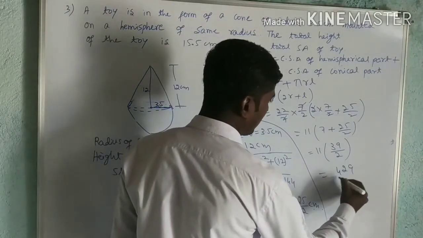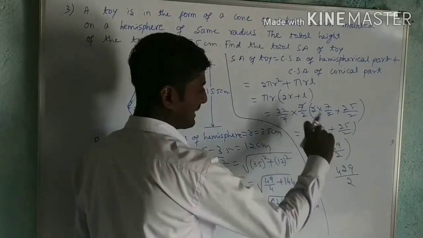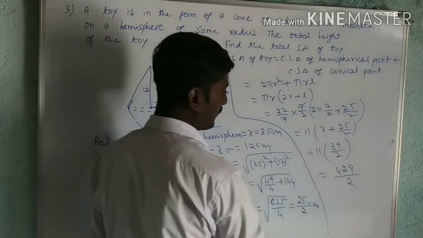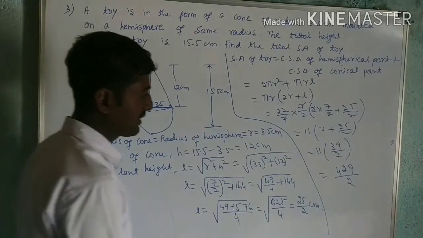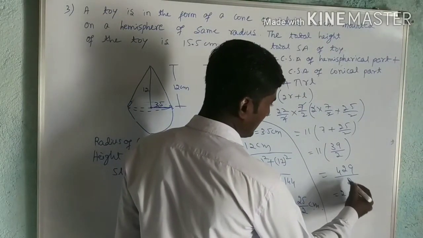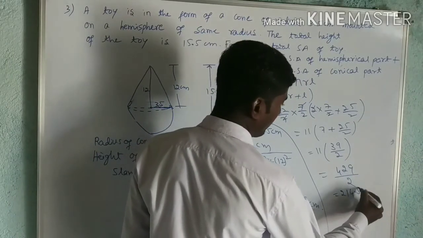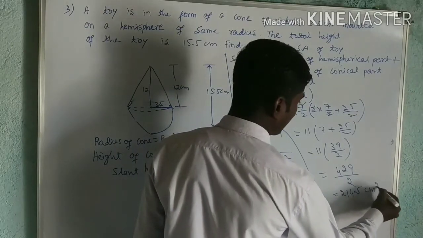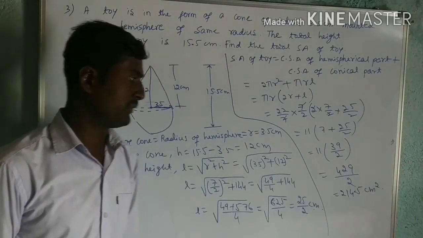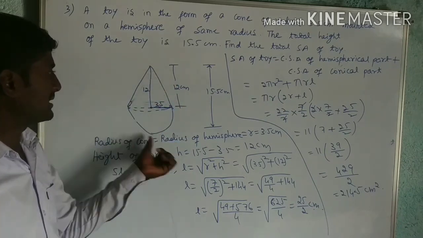That is 429 divided by 2. In fraction you can write it as such, or in decimal it is 214.5. The unit is centimeter square. So the surface area of the toy is 214.5 centimeter square. This is how we can find the surface area of the toy.